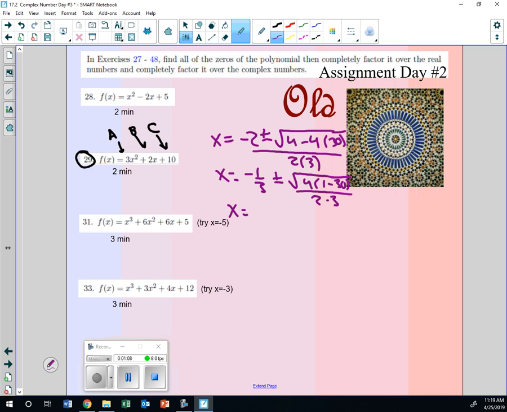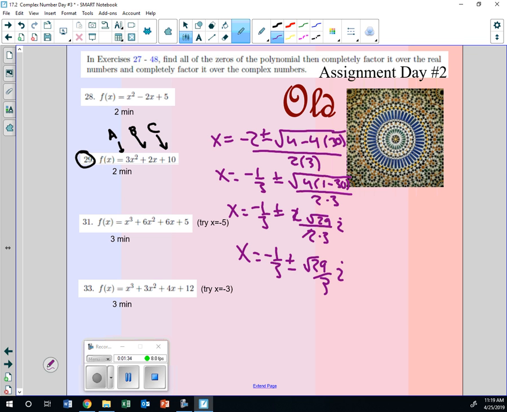So this is going to be negative 1/3 plus or minus the square root of 4, which is 2, and the square root of negative 29. Uh-oh. What are we going to have to do with that? Put an i there, right? So x is going to be equal to negative 1/3 plus or minus the square root of 29 over 3 i.